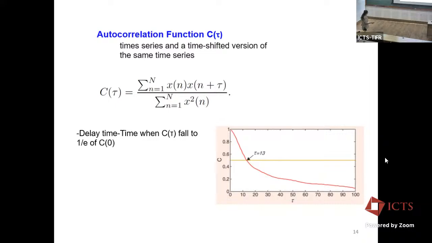Somewhere if you take delay of up to this, you know that the correlation is very small. But if you take a very small value like 2 or something, the correlation is very high. So as we do normally, when we don't know about the trend, we always go for 1 by e, things like that. So this is where the value falls to 1 by e. So we fix that as the proper delay time.